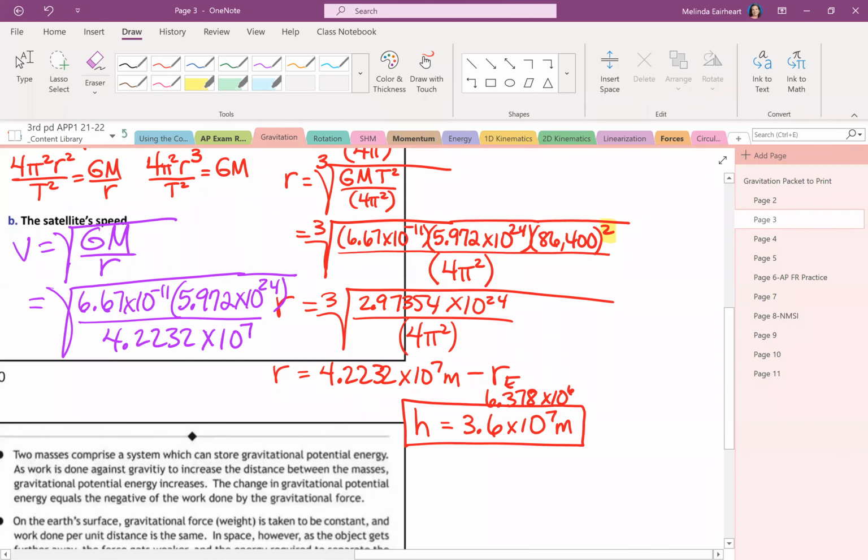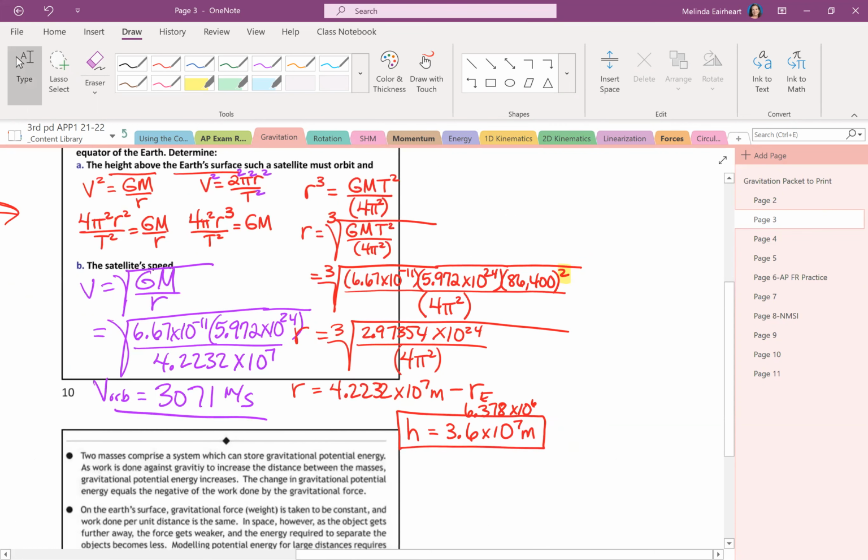And square root, I get an orbital speed of 3,071, or probably sig fig 3,070 meters per second.